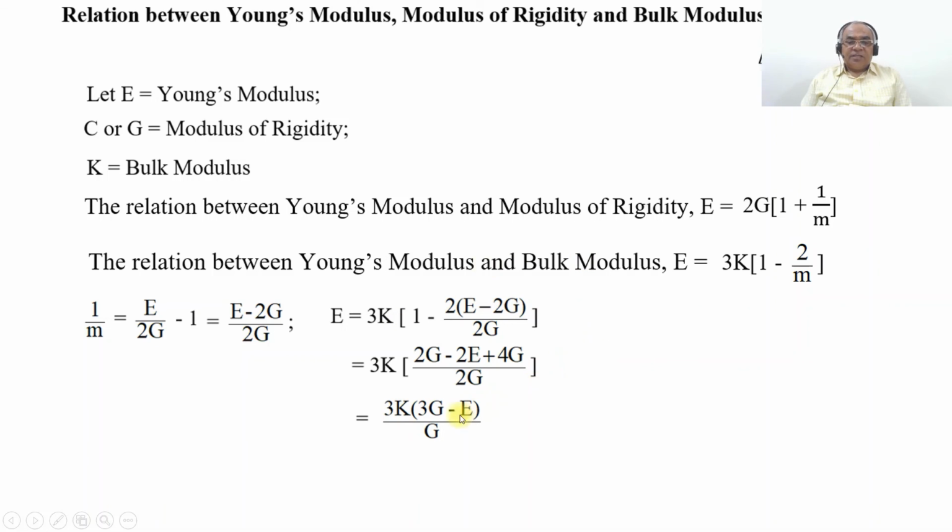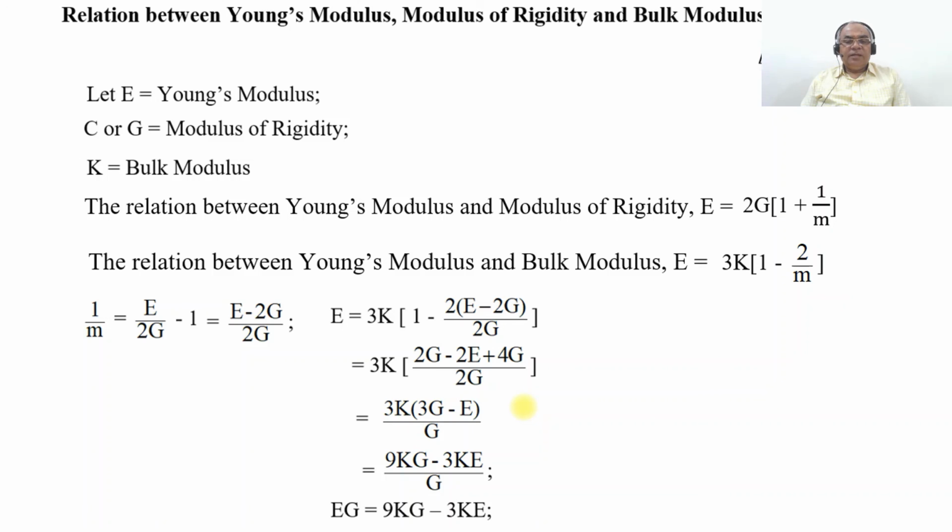On simplification we get 3K into, here 4G plus 2G will be equal to 6G minus 2E by 2G. Once you cancel the 2, you finally get 3K into 3G minus E by G. So that will be equal to 9KG minus 3KE by G, which is equal to E.